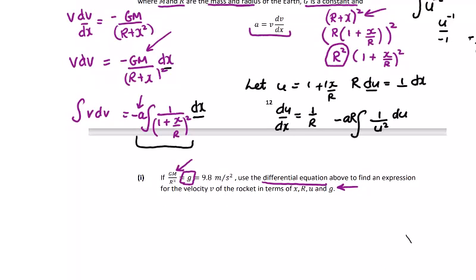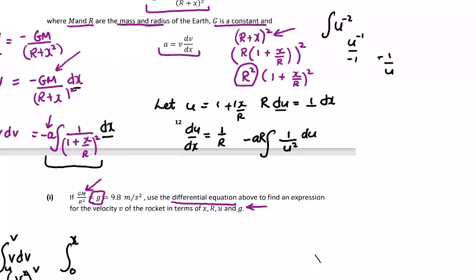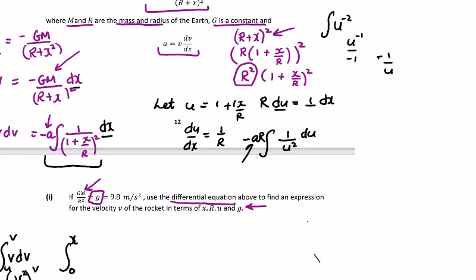So we end up with, I'll just come up here, the integral of v dv on the left, which is v squared over 2. And we have bounds here. We know that v is equal to u when the displacement, it's called x this time, x is equal to 0. So that'll help me find c. So if I bring down my answer here, minus g r squared, and we've integrated it to get minus 1 over u, so that's going to be plus g r squared over u, isn't it?